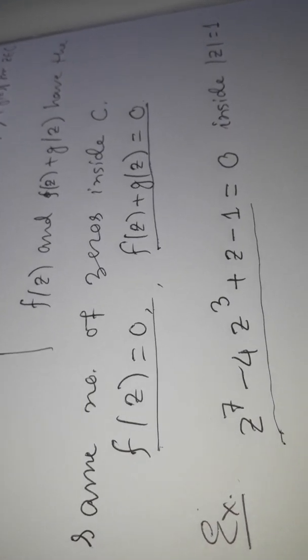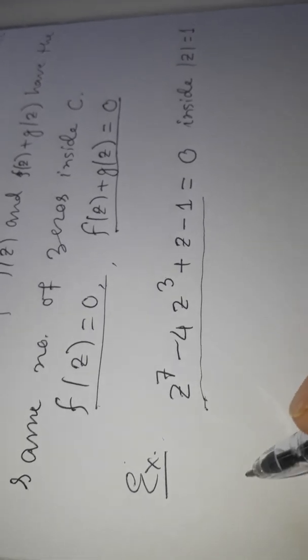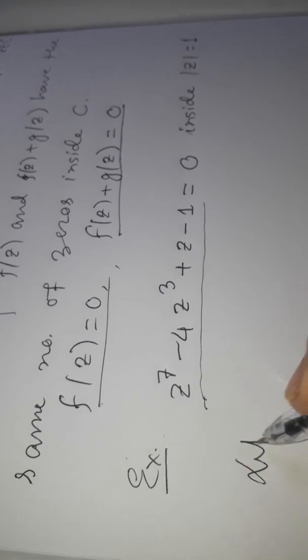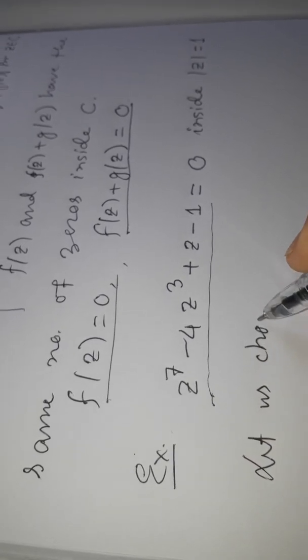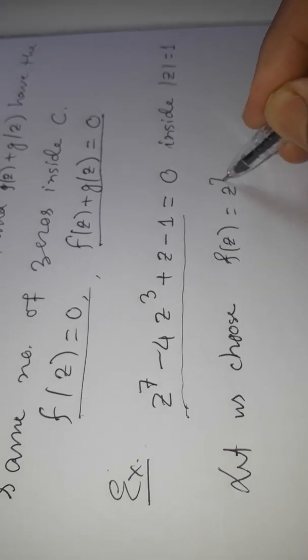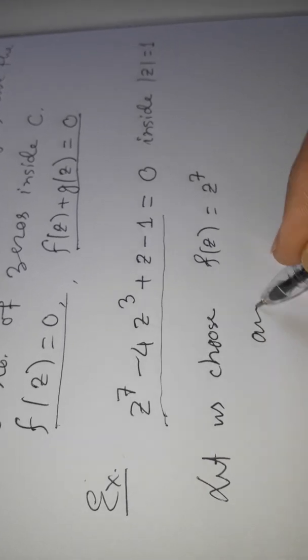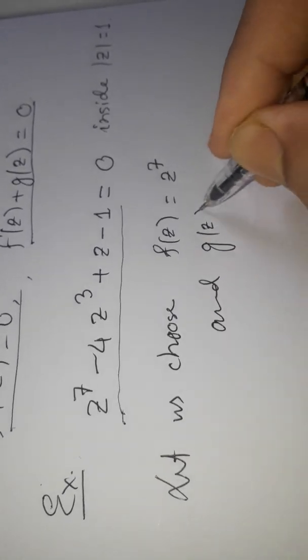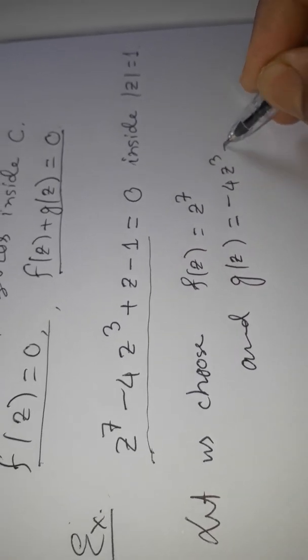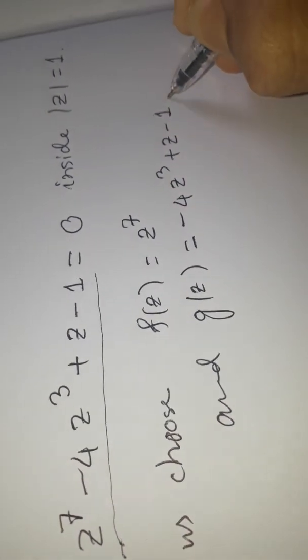So what f(z) will you choose so that you can apply Rouche's theorem? Let us first choose f(z) equal to z to the power 7 and g(z) the other part, that is, minus 4z cube plus z minus 1.